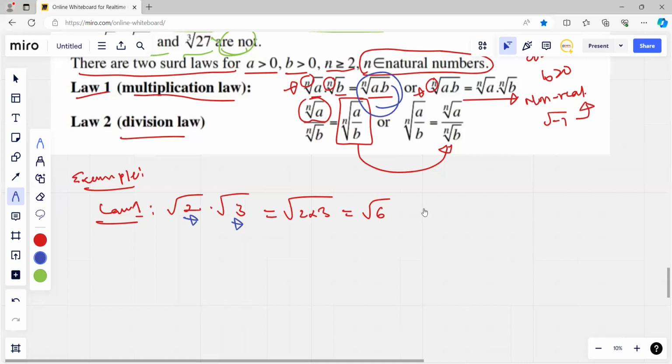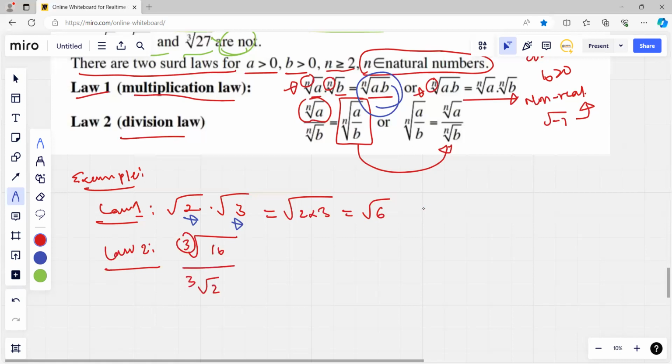Then again, we can have another example, of law 2, the division law, that says if the root is of the same feature, meaning the number here is the same as the other number, cube root of 16 divided by cube root of 2.